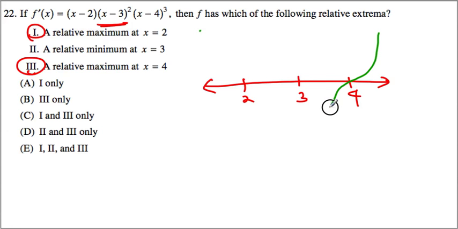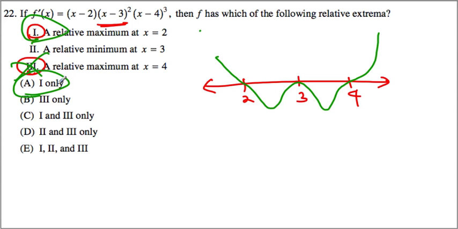This is a triple root, this is a double root, and this is a single root over here. A triple root looks like a cubic function, a double root looks like a parabola, and a single root is simply a line. Then the maximum has to be from positive to negative, which is this choice, not this one. So 1 only will be our answer, choice A.